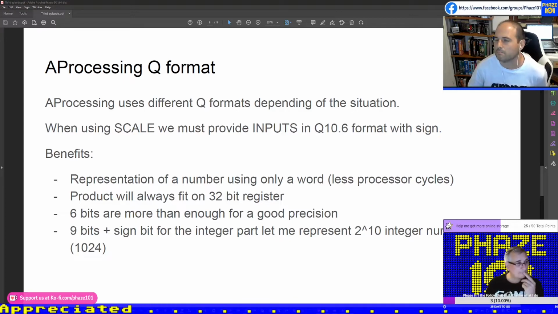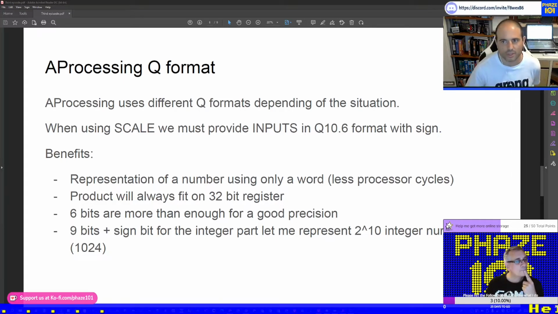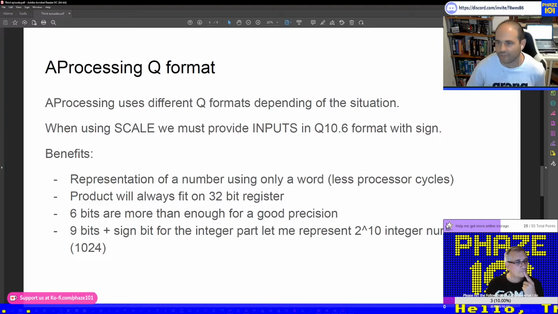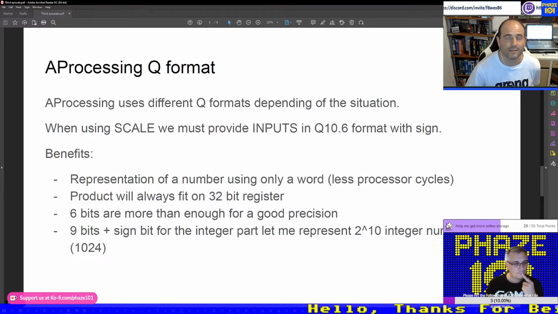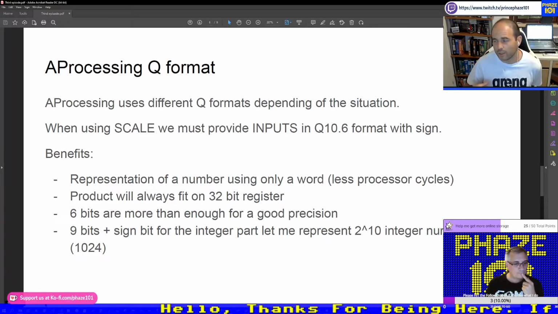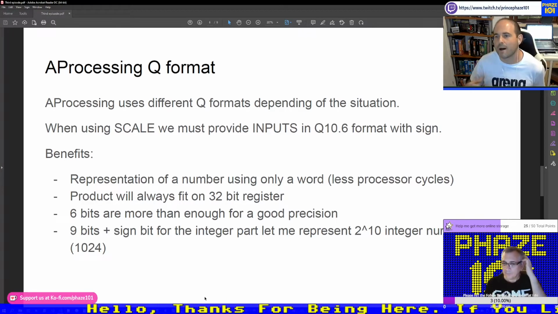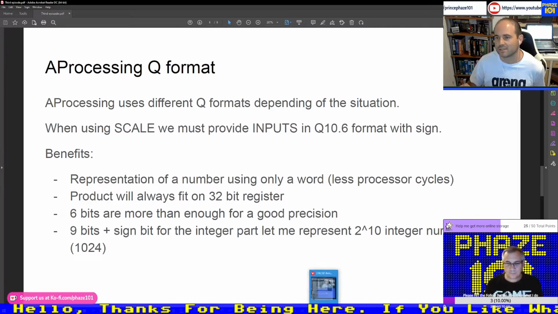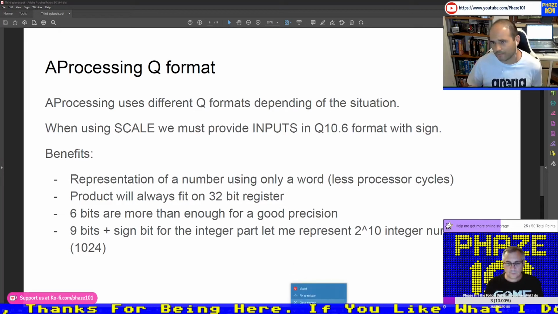This is a choice that I made by design because I liked it, and I thought that it should fit well in my situation, because when you scale something, you must use something like a decimal number: if you want to shrink a figure, you have to multiply by something that is less than 1.